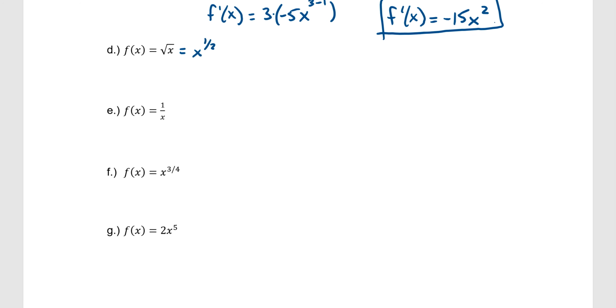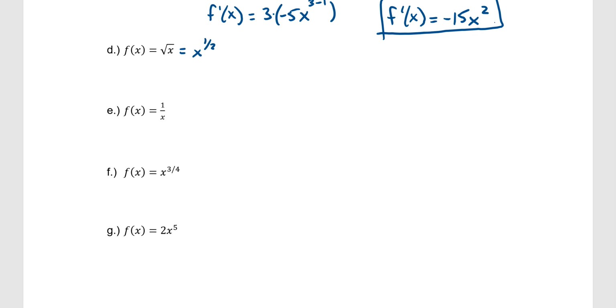Next one, we have f of x equals 1 over x. We have to remember that 1 over x is the same as x to the negative 1. So a couple of these you can see just come down to remembering how to rewrite certain things. Now finding the derivative, we're going to bring down the exponent out front and subtract 1 from the exponent.